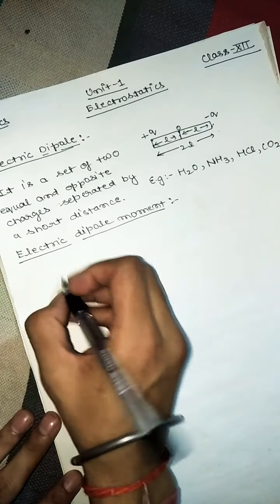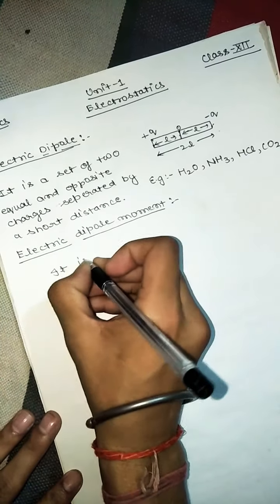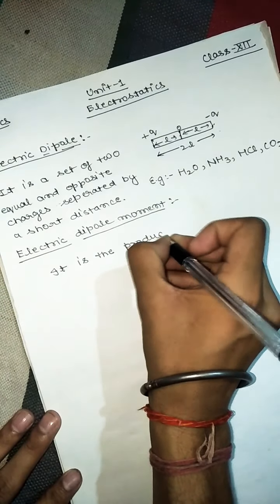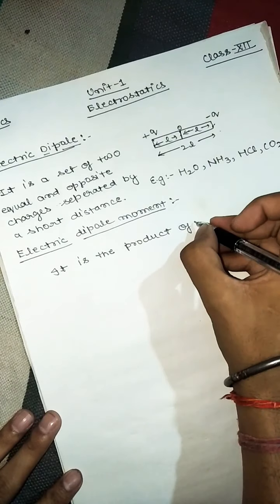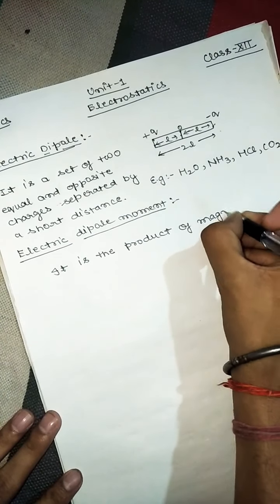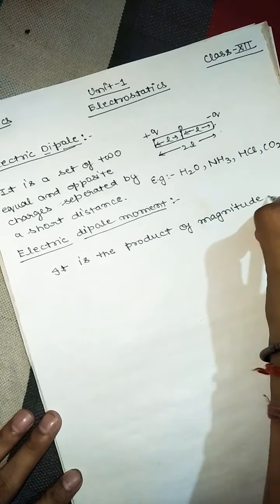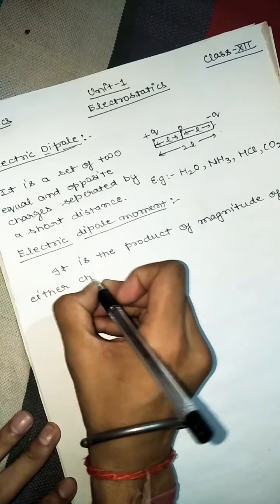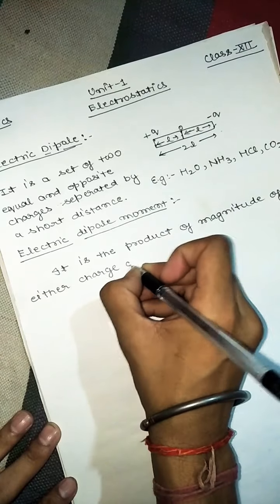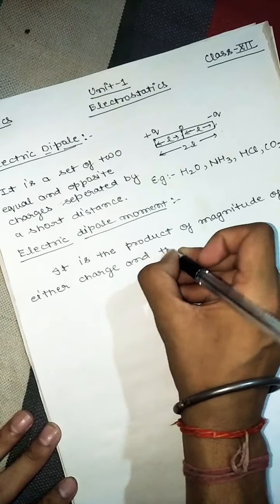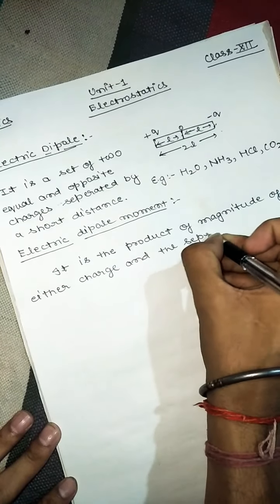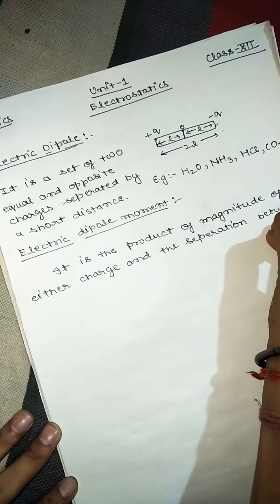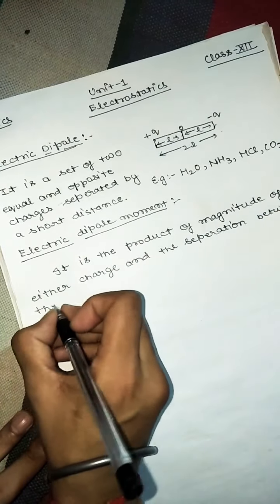Moving further, electric dipole moment. What is that? It is the product of the magnitude of either charge and the separation between these two charges.